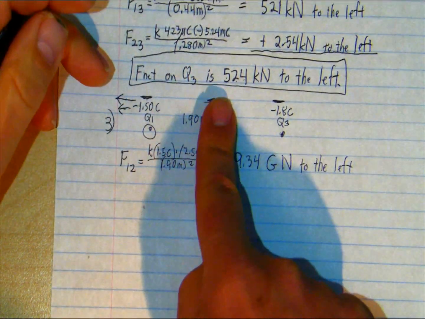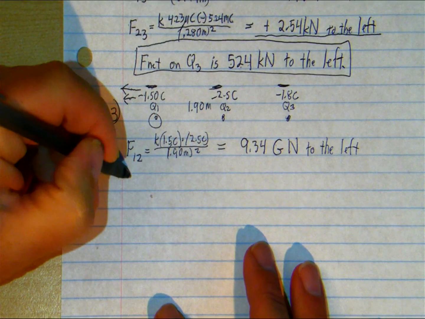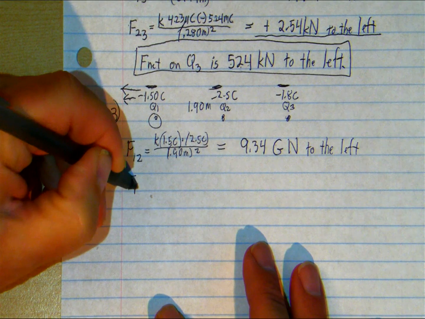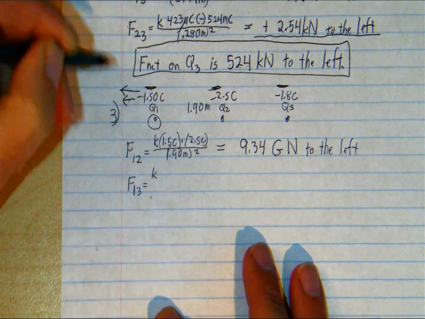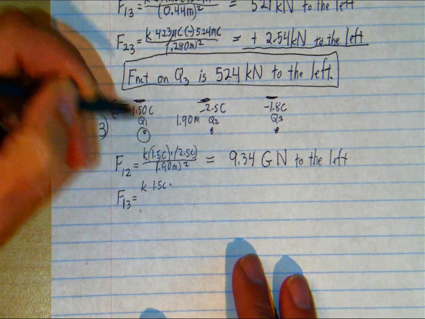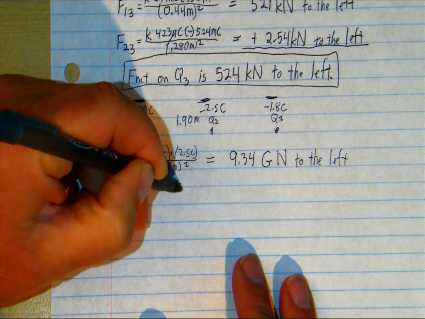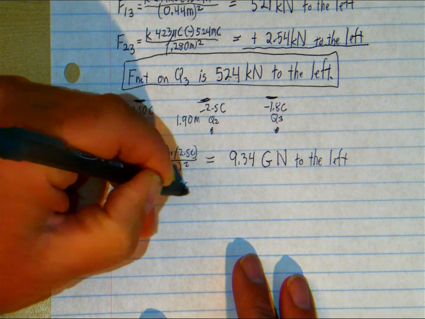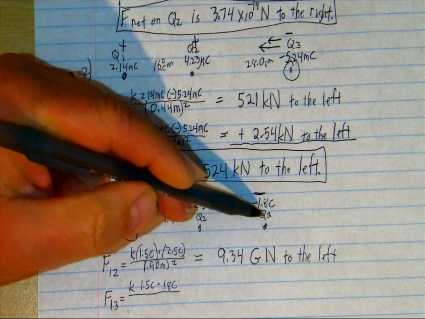Now I shut off charge Q2, turn on charge Q3, and the force acting on charge 1 caused by Q3 is going to be K times 1.5 coulombs times 1.8 coulombs divided by the distance from 1 to 3.